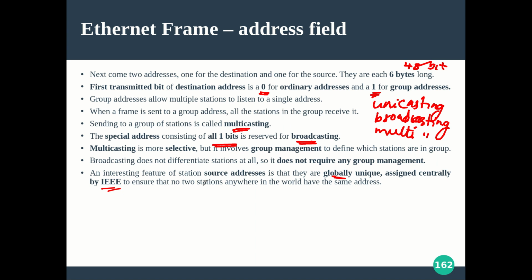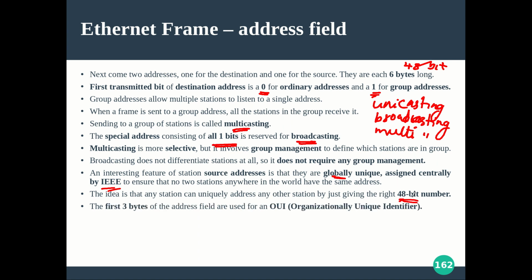But even so, the MAC address is maintained to be globally unique. And how is it managed? The idea is that any station can uniquely address any other station using the 48-bit number. Out of the 48, the first 3 bytes, meaning 24 bits, are half of the address, and they form the organization unique identifier.